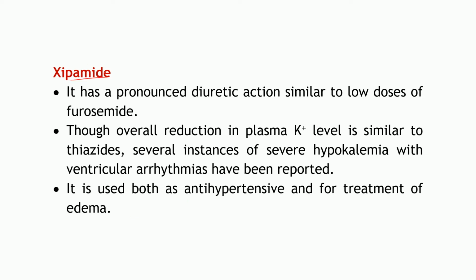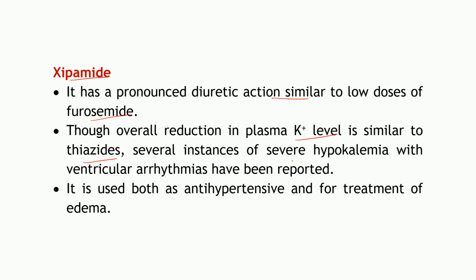Then next example is Indapamide. Now this particular drug has similar action to that of low doses of furosemide. Reduction of the plasma potassium level, as far as hypokalaemia is concerned, is similar to that of thiazides.